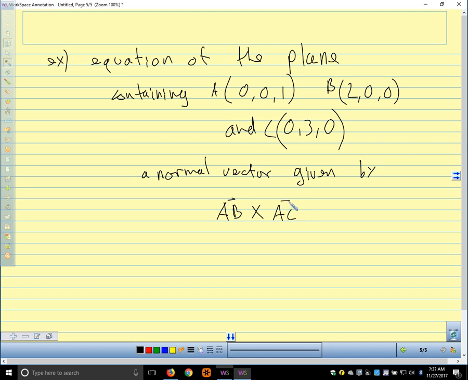And we can make a vector between any 2 points and do the cross product. So that's going to give us a normal vector. And then we need a point on the plane. Well, we have 3 to choose from there. So we can write the equation with any of those 3 points. We don't need to go through the process. I just wanted to think about the process.